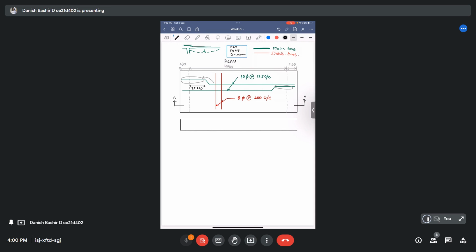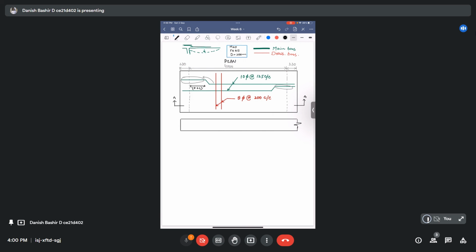If I cut the slab from the sideways, or you see the cross section, how it looks, it would be like this. Sorry, it is continuous here like this.